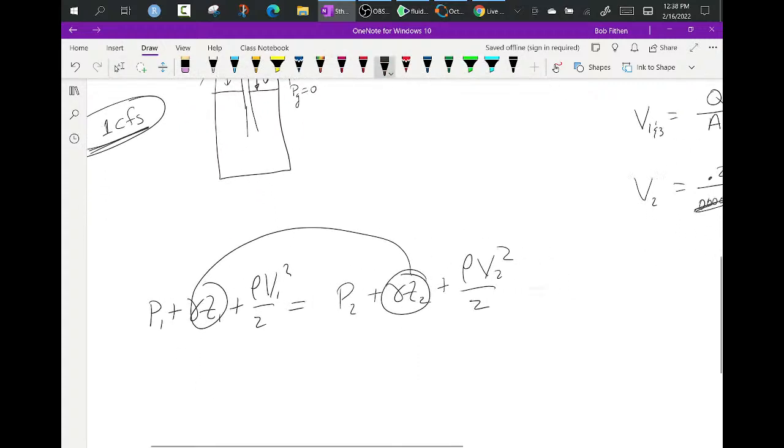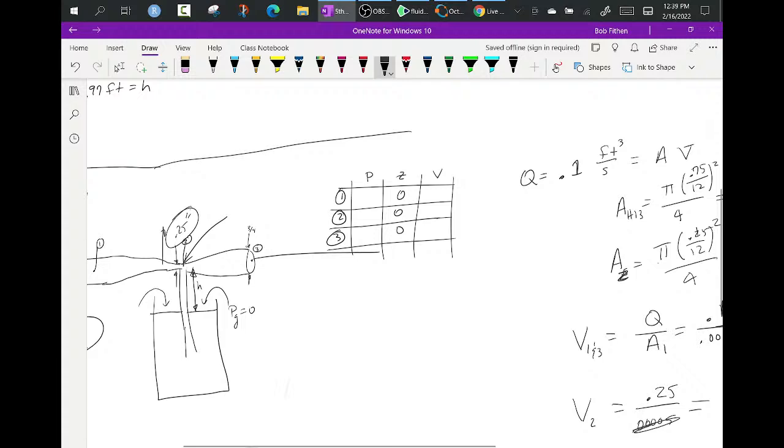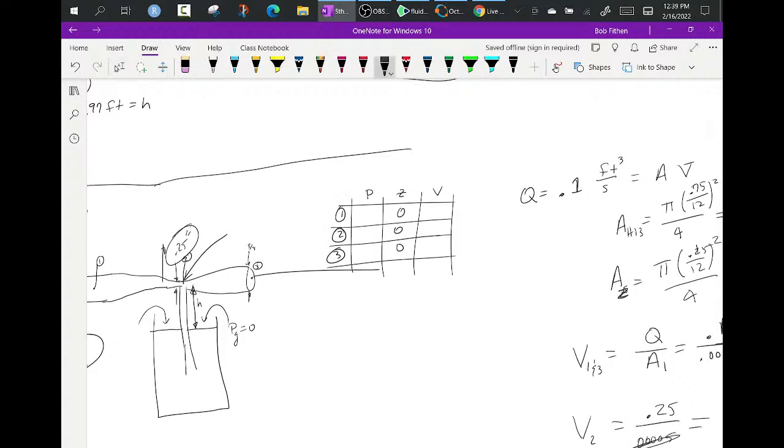Now what we have to realize is we can also write P3 plus gamma Z3 plus rho V3 squared over 2. If we look at the exit, we know the velocity there and we know the pressure there. We don't know the pressure here.